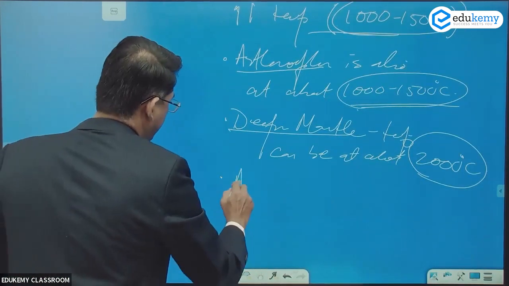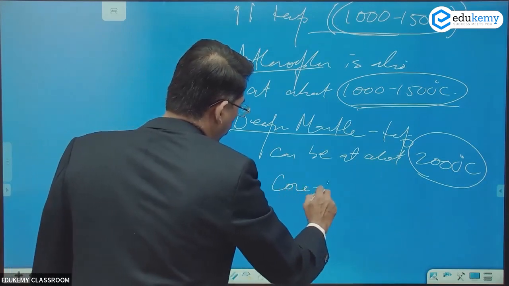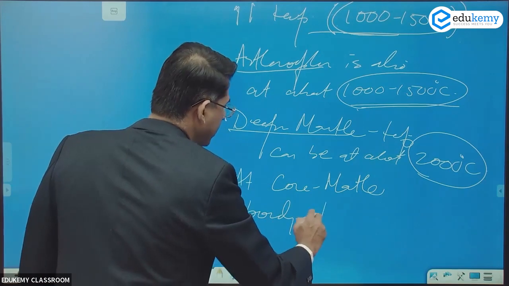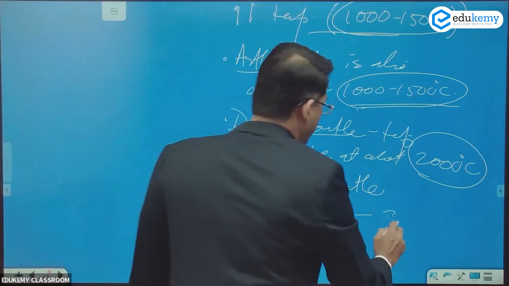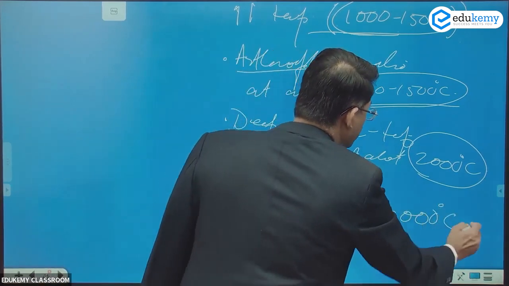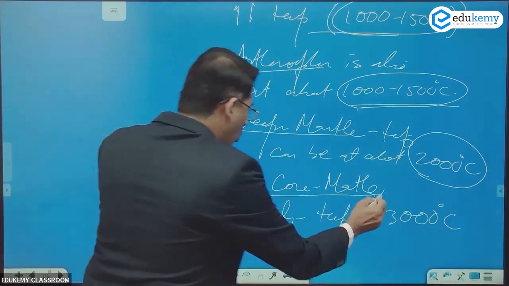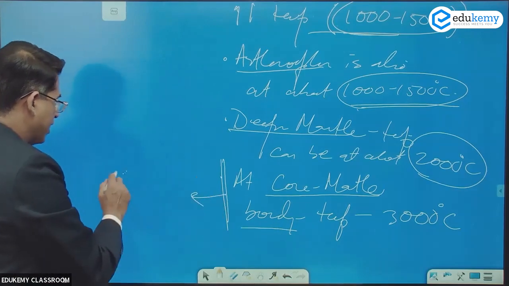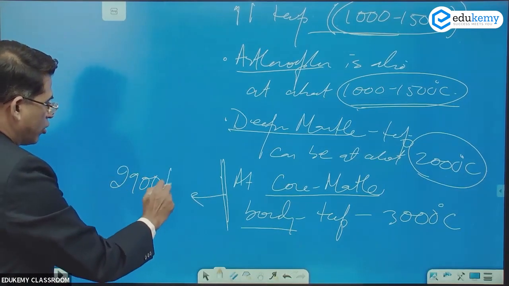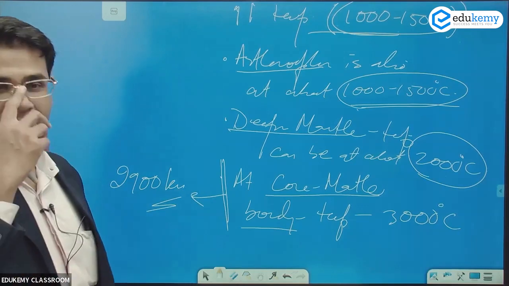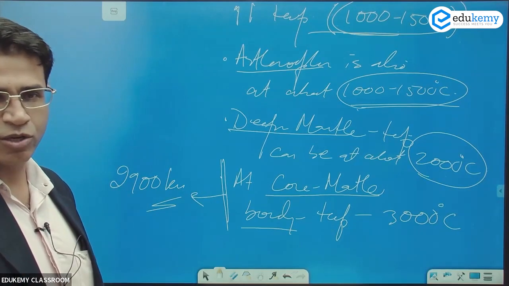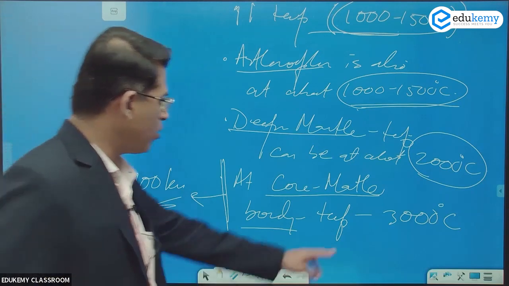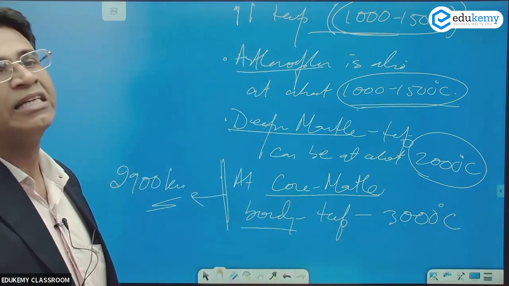Okay, at the core mantle boundary, the temperatures can be about 3000 degrees centigrade. Anybody remembers what its depth is? That's about 2900 kilometers, yes, 2900, 2800, 3000 kilometers. The temperatures can be about 3000 degrees centigrade.